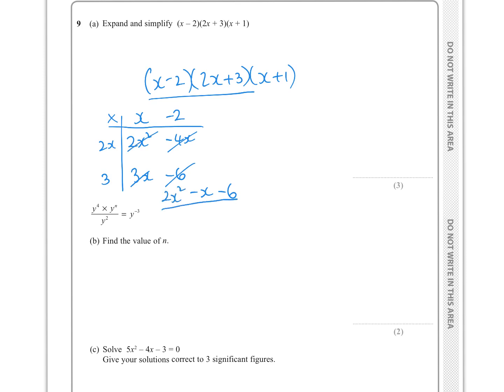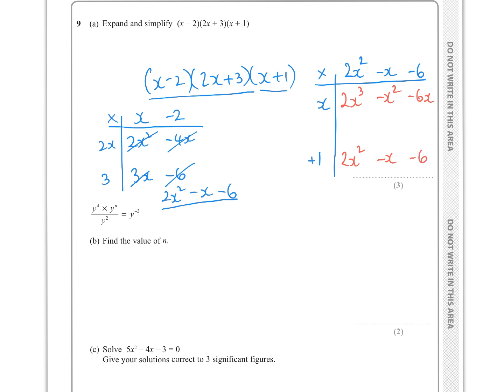So that's minus 6. 3x take away 4x is minus x, and then the 2x squared. And then I'm going to take this and multiply it by x plus 1. And multiply those. And so we're going to have 2x cubed minus x squared minus 6x, 2x squared minus x, and then minus 6.